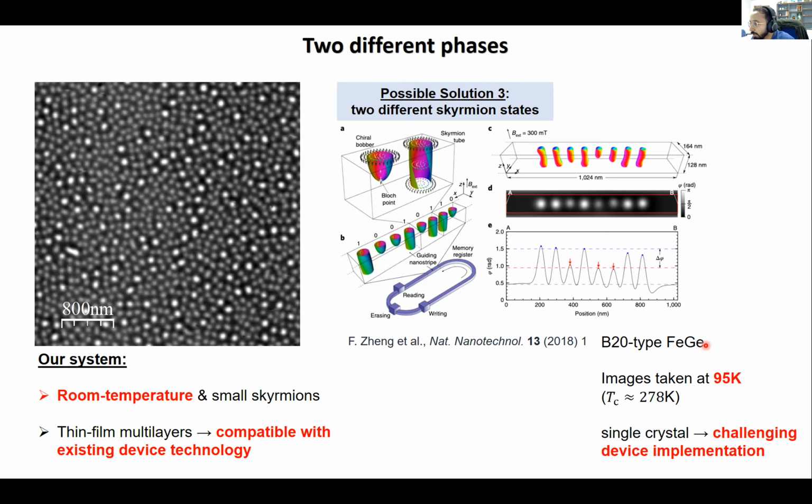At the same time, it was generated at a temperature of 95 Kelvin, which is quite low and is therefore not fruitful for a real world device application. But in our case, everything was done at room temperature, and they were fairly stable, as I will show in the next slides. They were developed in thin film multilayers, which is compatible with the current technology, so it can be easily scaled up and implemented into a device.